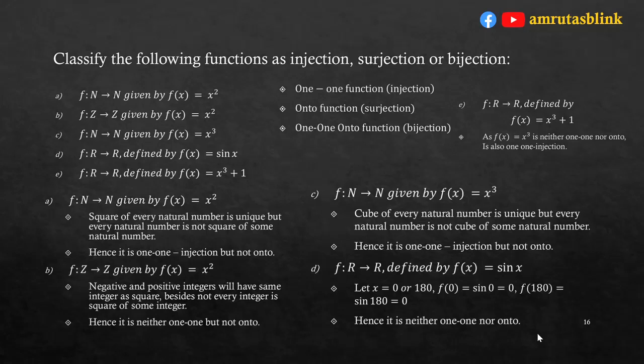Similarly, for all real numbers, f of x is equal to x cube will not be 1-1, and it won't be onto either. But for f of x is equal to x cube plus 1, we will have a different result if we add 1 to negative numbers as well as to positive numbers. Hence, for all real numbers, f of x is equal to x cube plus 1 will be 1-1 and not onto.